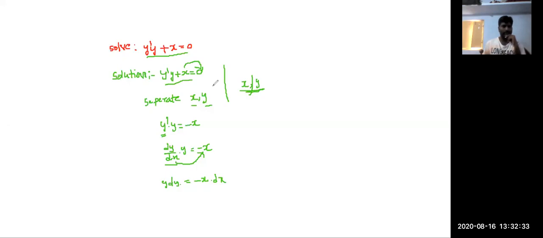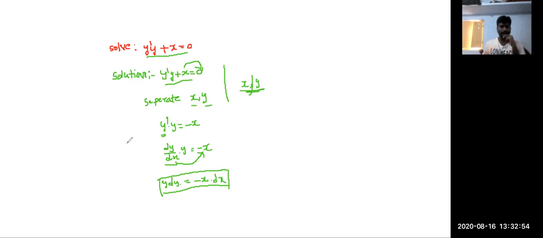So in the first step we have separated the variables x and y from the given differential equation. After separating the variables we have gotten the equation like this: y dy equals minus x dx.